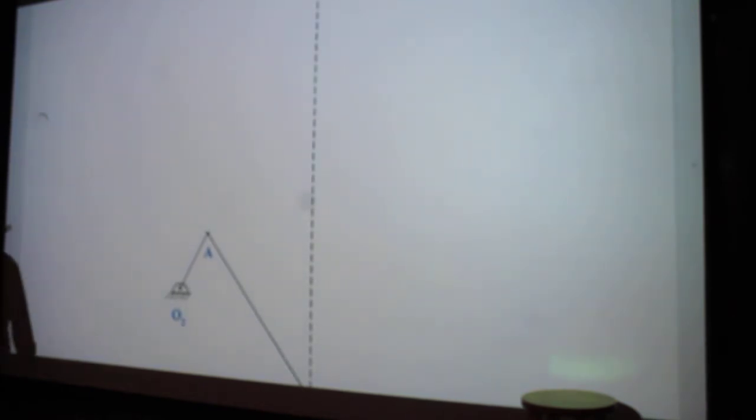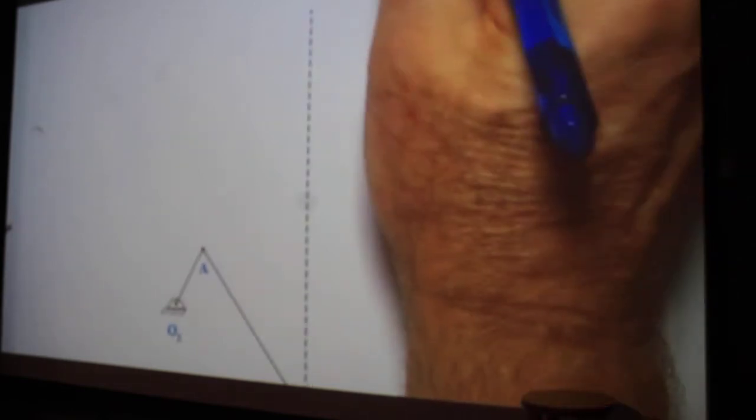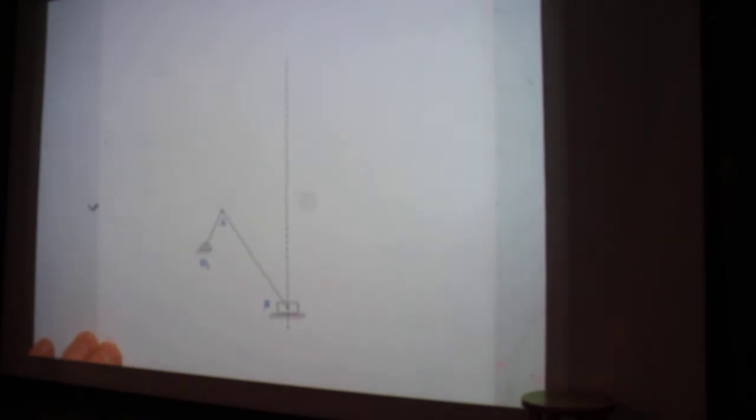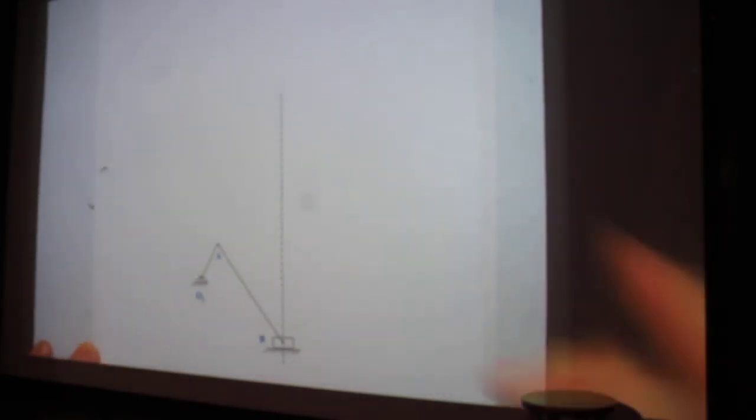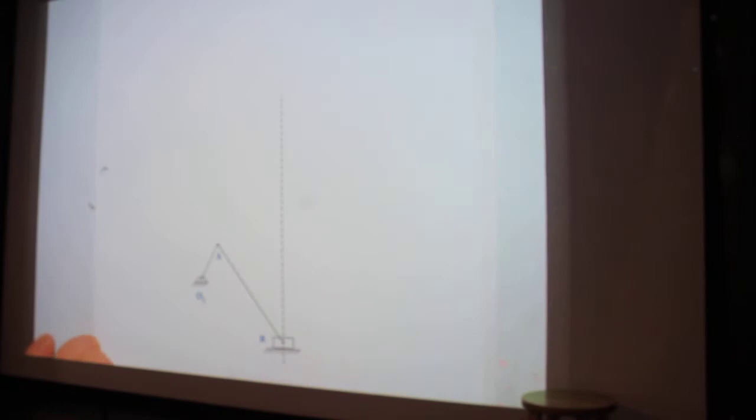So on this one here, you are given, so this is row B. And you are to do row A for your homework problem.